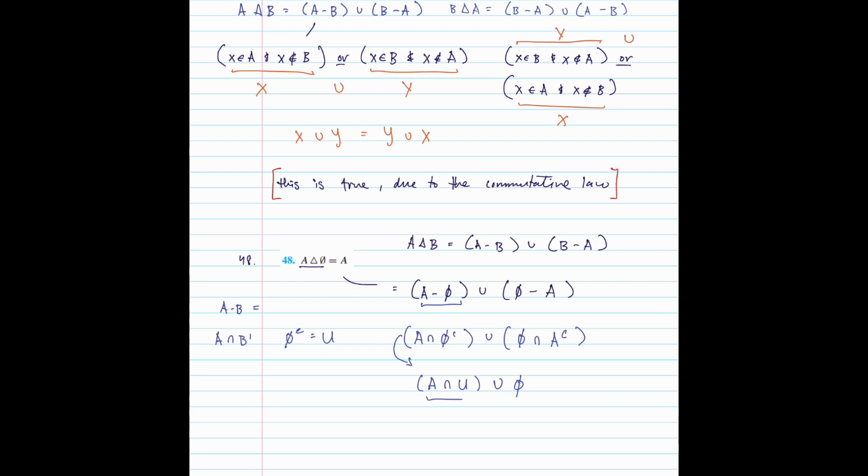A intersected with the universal set is just A, since the only intersection would be the set itself. So this comes out to A union the empty set, which is just A. So we proved that, and that's a sufficient proof.